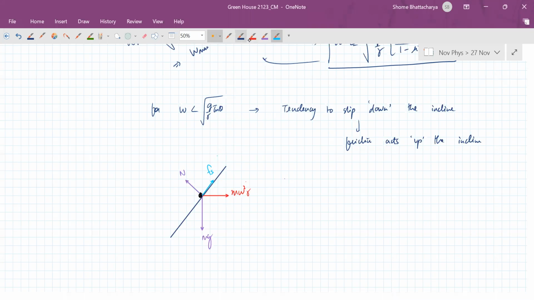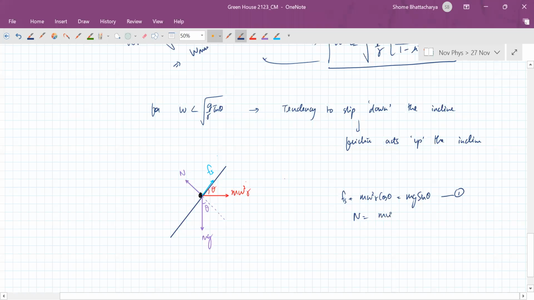So assuming it's not slipping, so we can see here that when we incorporate this, we'll see that we'll get omega is greater than or equal to.